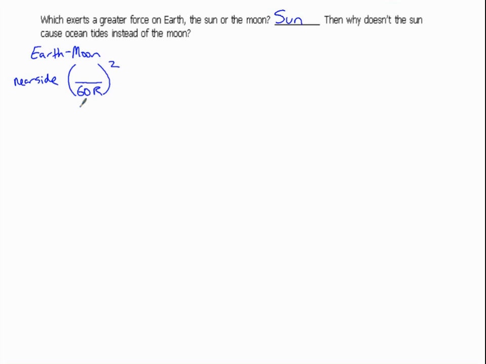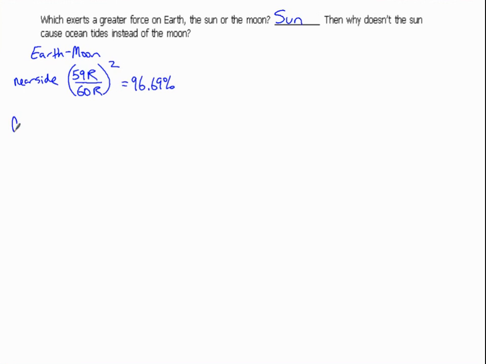But we're looking at the ratio here, and so in order to get the ratio, we're going to put this 59r on top. And so we see that this is the percentage of, not the difference of the, basically the difference would be this 3.31%, closer to the moon.